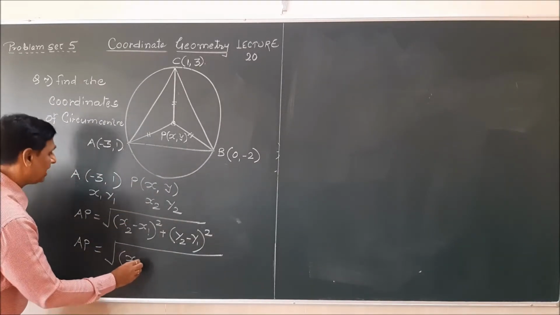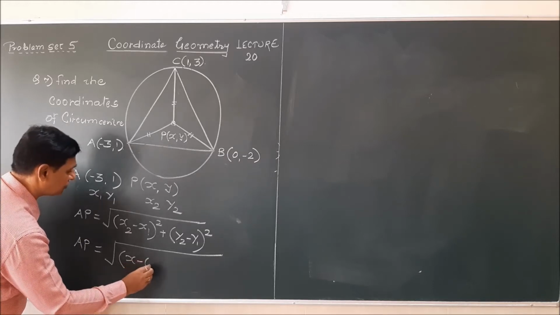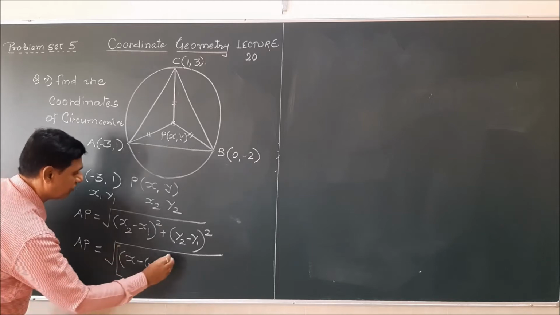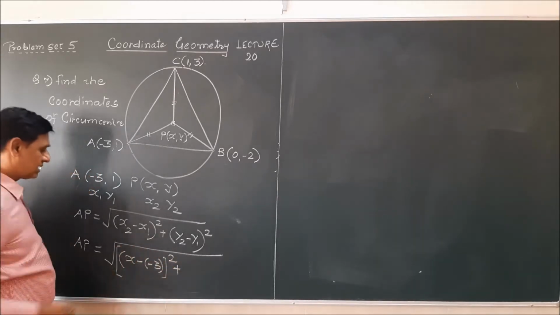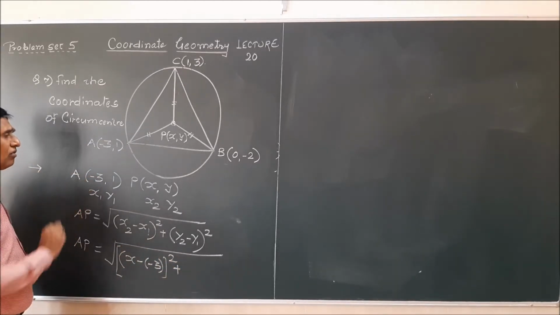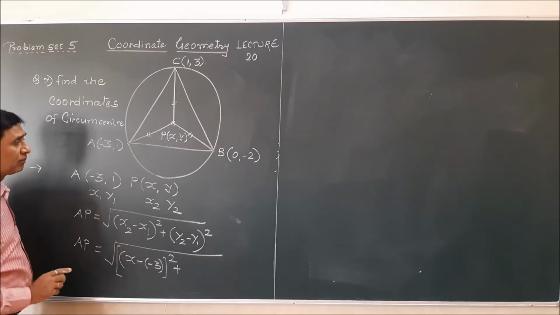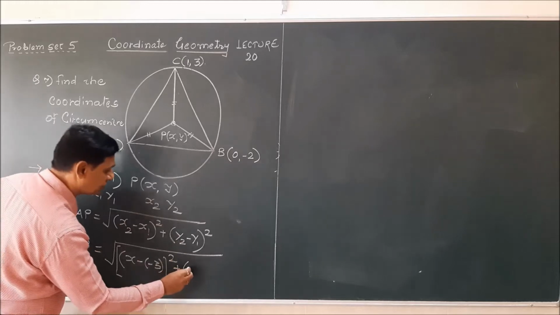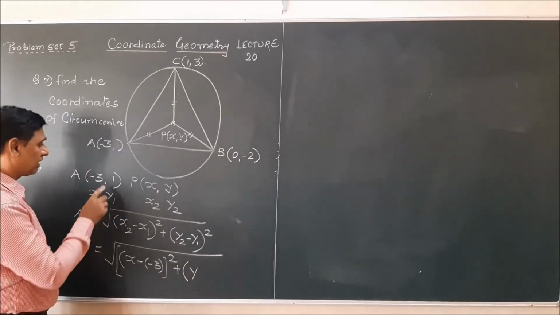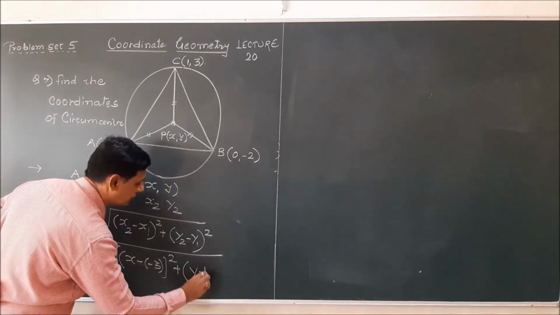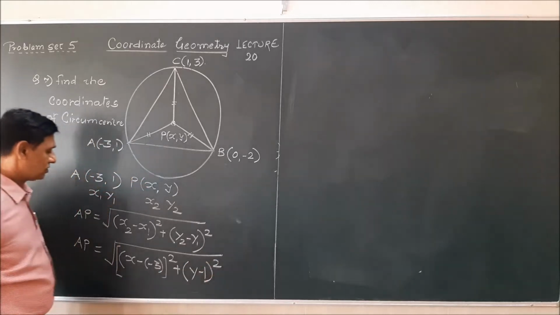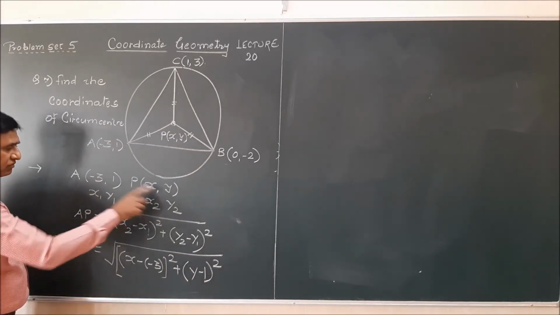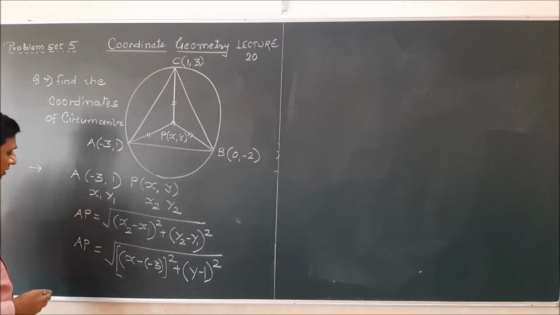Fine. x1, be careful, minus of minus 3. You have to be careful over here, dear students. That's x minus of minus 3, plus y2. Now what is y2? y2 is y, minus y1. y1 is positive only, so it's very simple. So you will find x2 minus x1 the whole square plus y2 minus y1 the whole square.